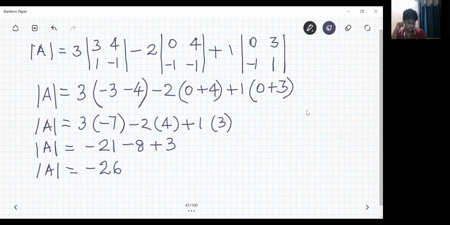The formula is alpha ij equal to minus 1 to the power of i plus j, multiplied by the matrix determinant M ij.